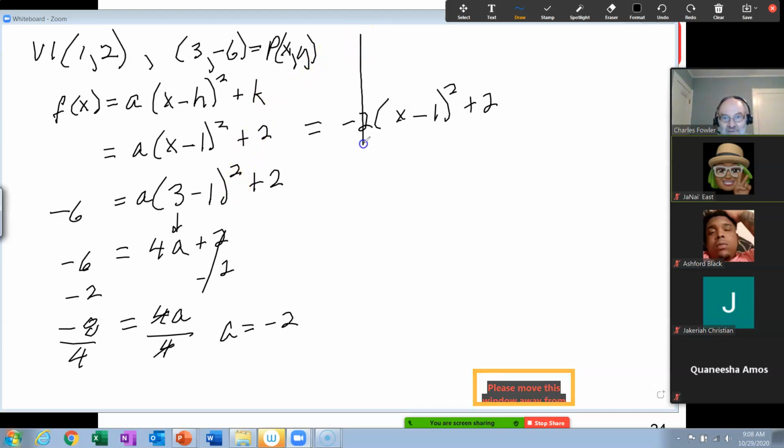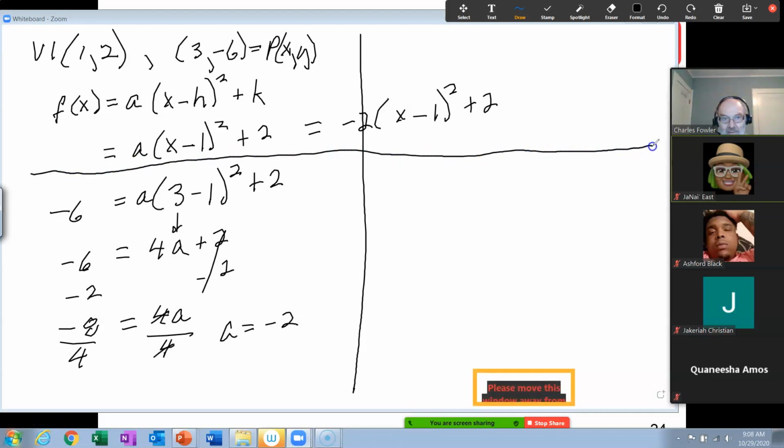So let's do our vertical axis here, our horizontal axis probably up here somewhere. Okay, let's tick off a few points here. 1, 2, 3, 4, 5, 6, 7, 8, 9, 10.